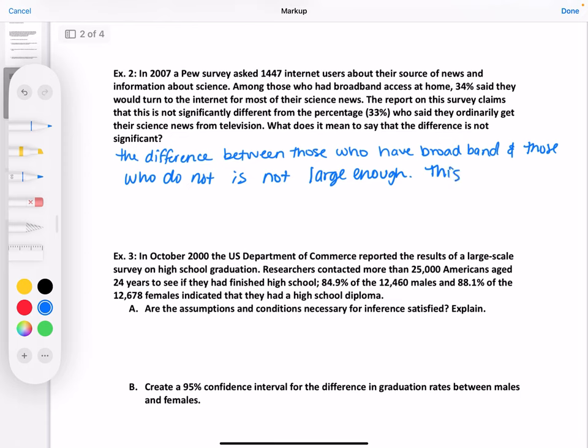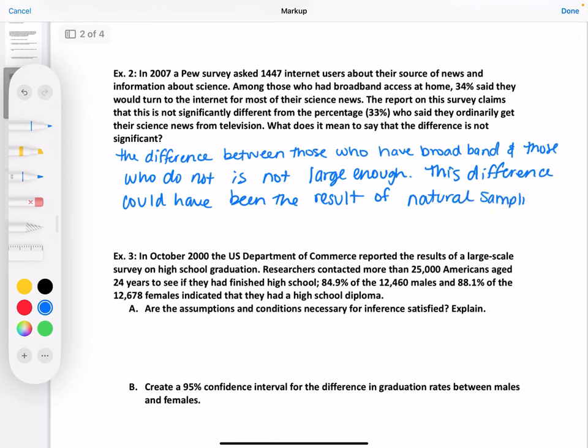This difference could have been the result of natural sampling variation. So there's really only like a 1% difference in those.